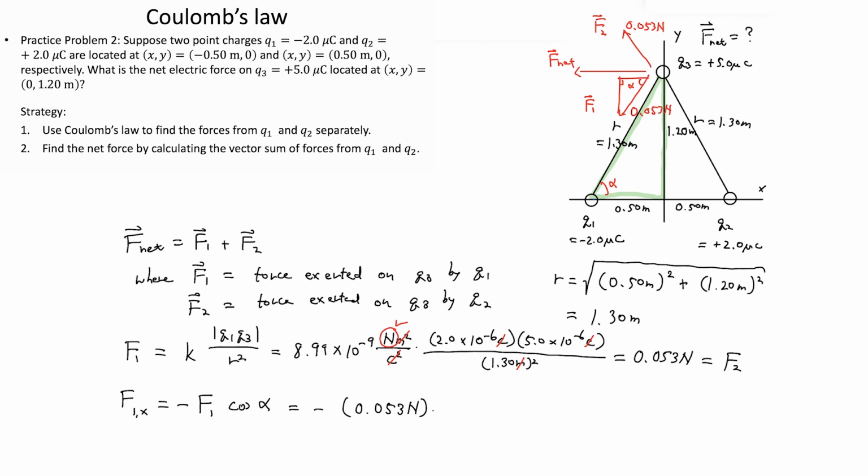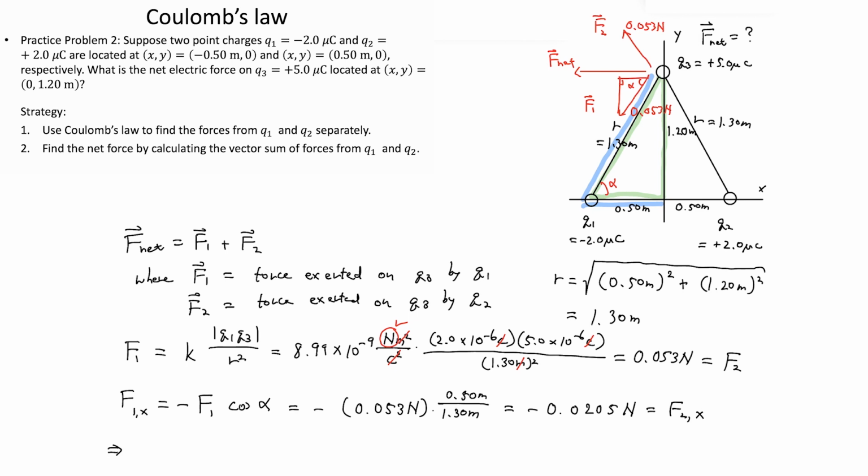The cosine of alpha is equal to adjacent over hypotenuse, so we can write this as 0.5 meters divided by 1.3 meters. Using a calculator, this is equal to negative 0.0205 newtons. And because of the symmetry, this is also equal to the x component of F2.